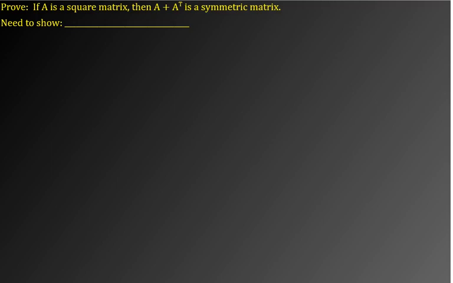I'm going to start by proving a different problem. I'm going to prove that if you take the transpose of A plus B, it's actually A transpose plus B transpose, which is kind of weird. I always think of this as the fundamental theorem of Algebra 2. This is what students want to do, right? But here it actually is true.